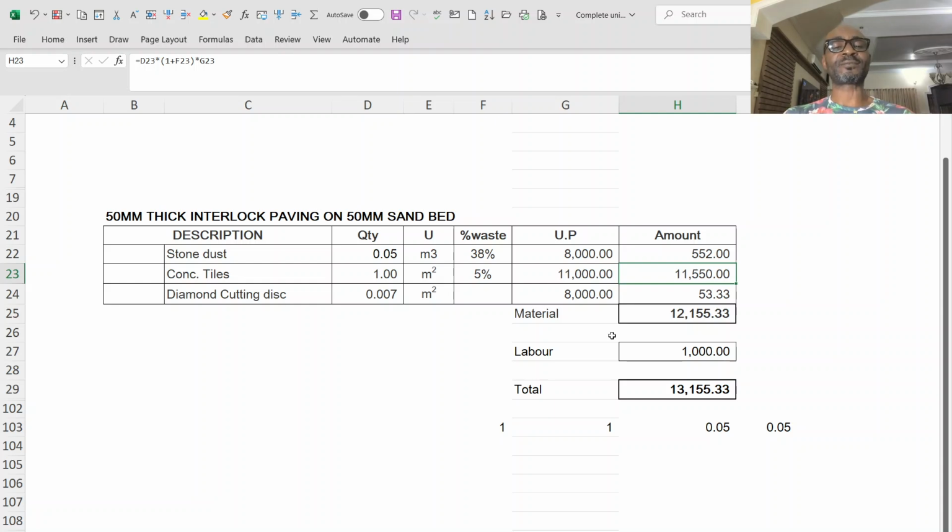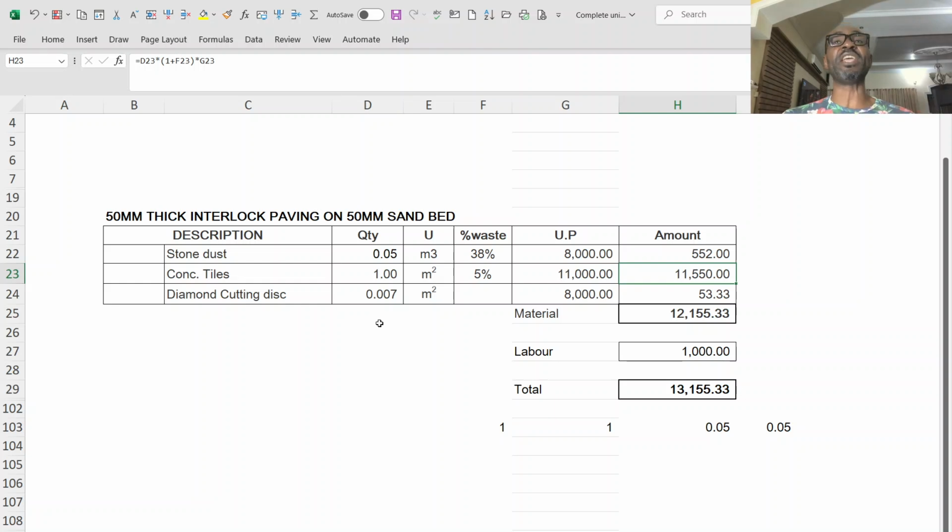Like I said, you have to make provision for the cost of a diamond disc, because you need to cut some off-cuts to fit in some places that the shapes cannot take a full tile. And how did I arrive at my logic in this?